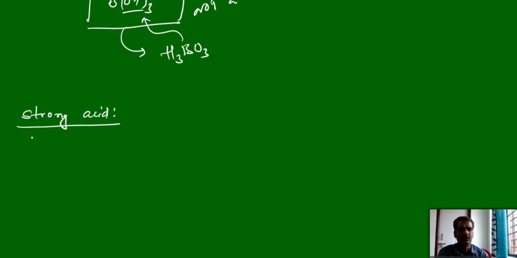Same according to Lewis, the substance having more tendency to accept a pair of electrons is a strong acid, and less tendency is a weak acid.